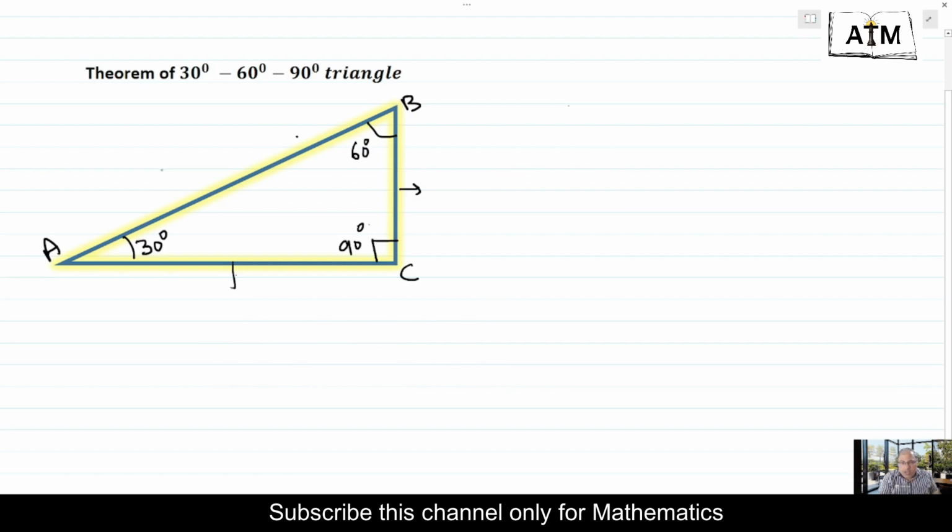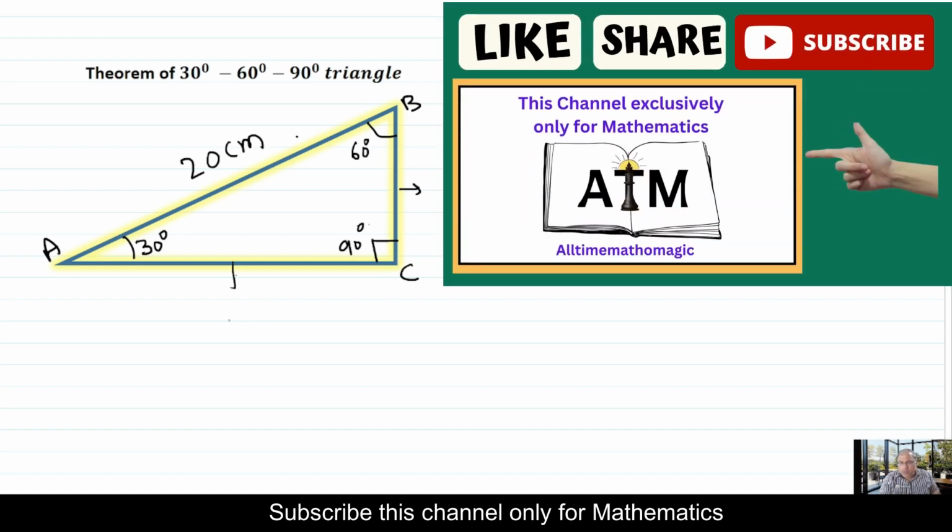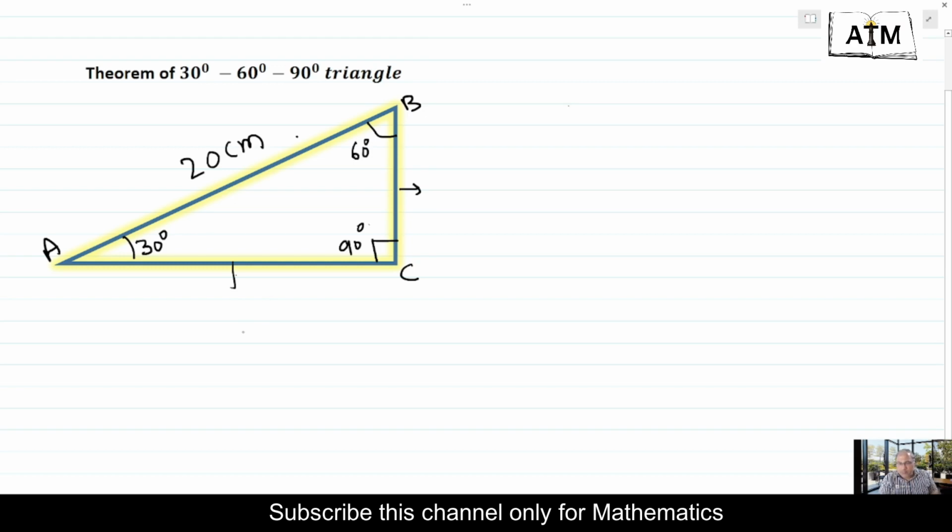Suppose hypotenuse is say 20 centimeter. Now I have a magic with me. I can easily tell you what can be the length of AC and what can be the length of BC. Actually it is not magic. It is nothing but 30, 60, 90 degree property.